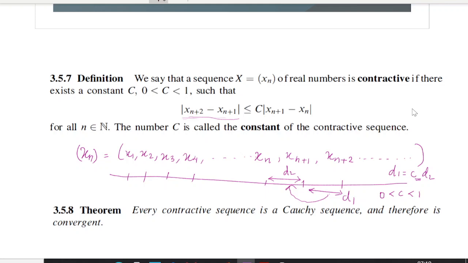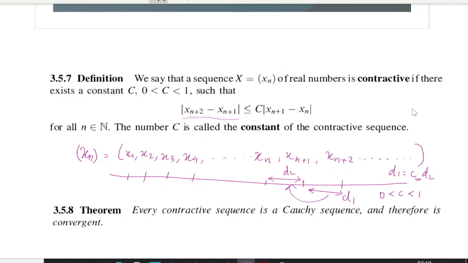Right? Now the next element. I am fixing c equal to 1 by 2, so what will I get? These distances are decreasing. Can you follow?